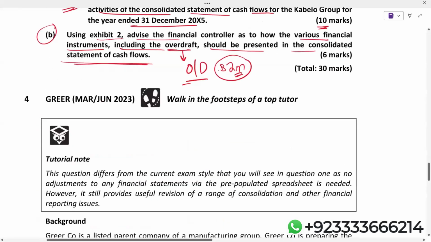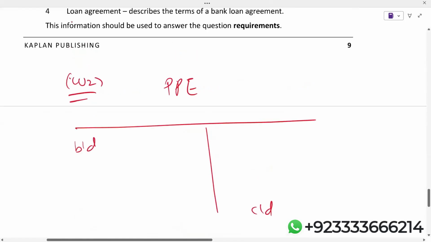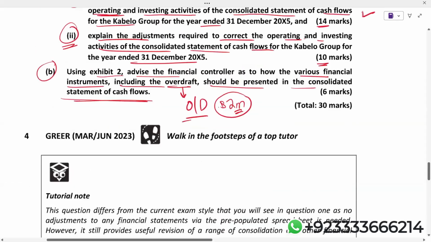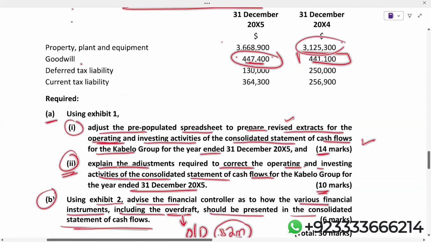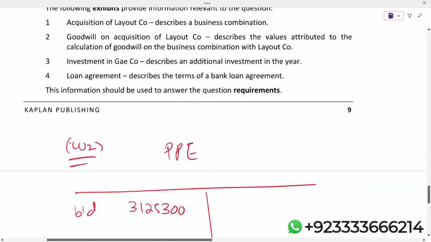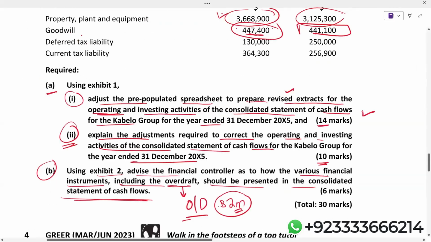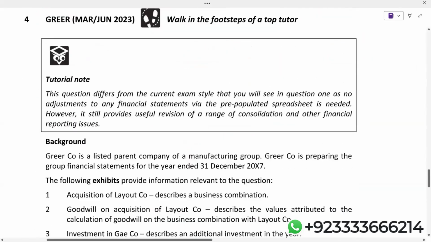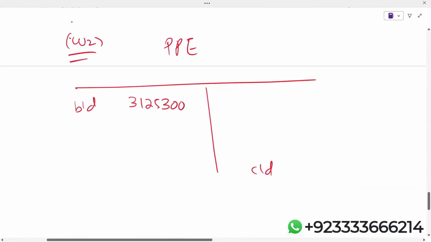BD, 3,125,300. CD, what was the amount? 3,668,900. There is a CD.